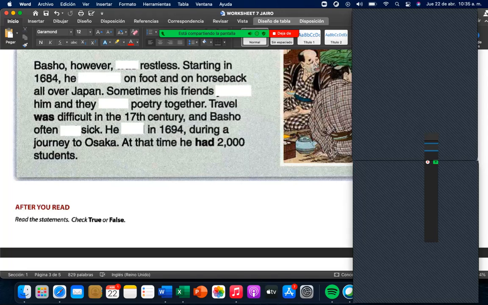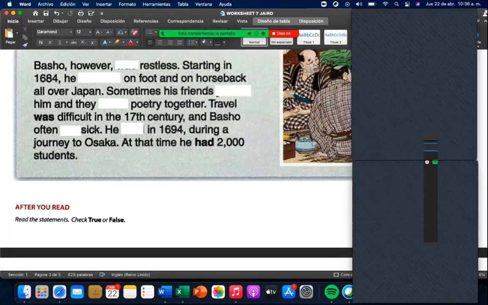Restless. Starting in 1684, Juan Camilo said walked. He walked on foot. What do you think? Do you have a different option here? I have traveled. Traveled. Okay, traveled. ¿Por qué suena raro walked, guys?